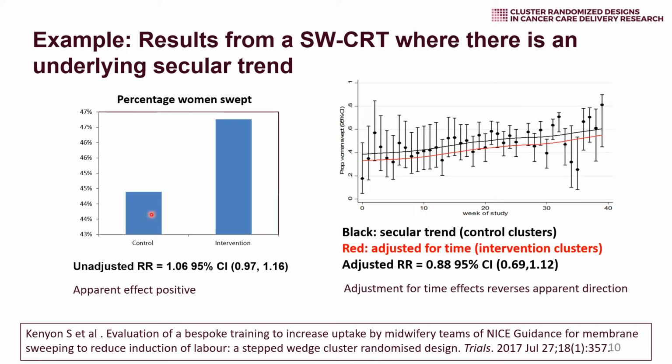So ignoring the secular trend, it looks like at the point estimate there's an apparent positive effect. After we allow for the fact that there is a secular trend, the adjusted point estimate reverses the direction of the effect and suggests that on exposure to the intervention, things got worse, not better. So this example illustrates how secular trend can be an important problem in stepped wedge trials.